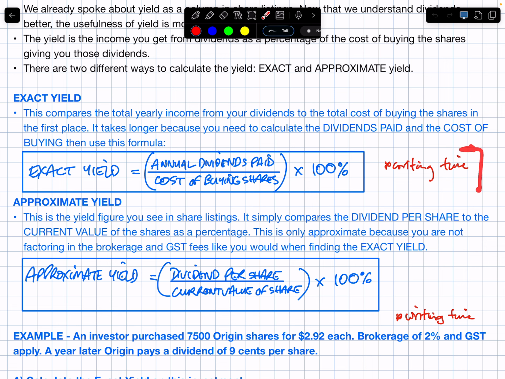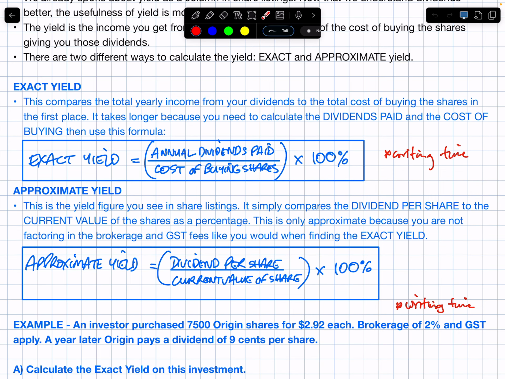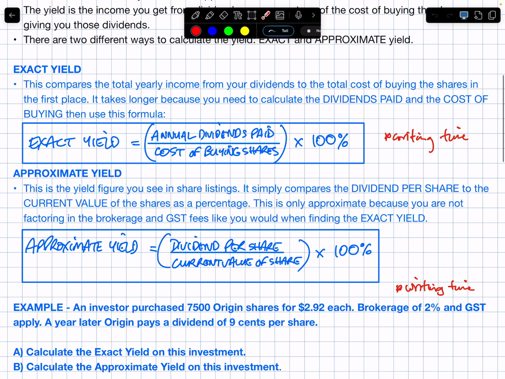So please get at least that formula down. So that's finding the exact yield.